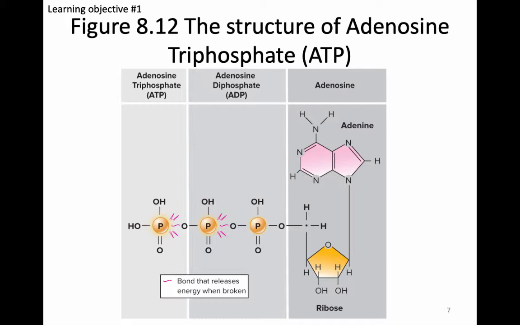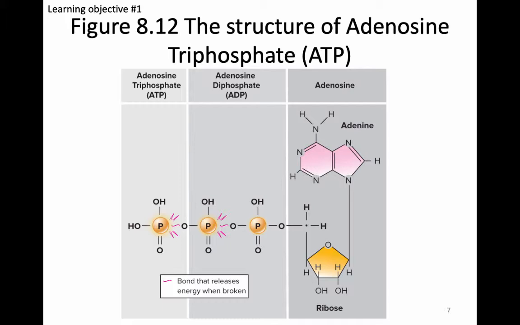The 3 phosphate groups have a negative charge, and those negative charges are held together side by side, which takes a significant amount of energy to hold 3 negative charges that would like to repel together in the same molecule. So ATP has a significant amount of energy because of these 3 phosphate groups.